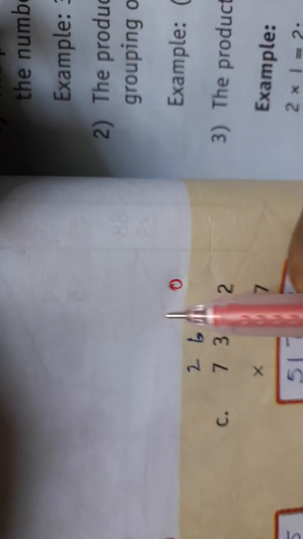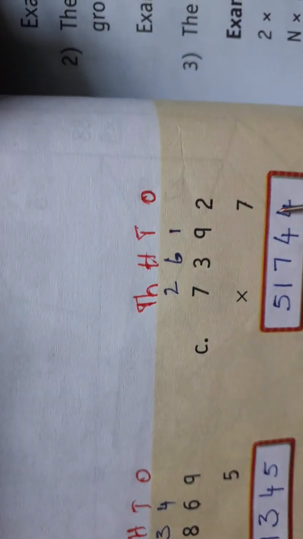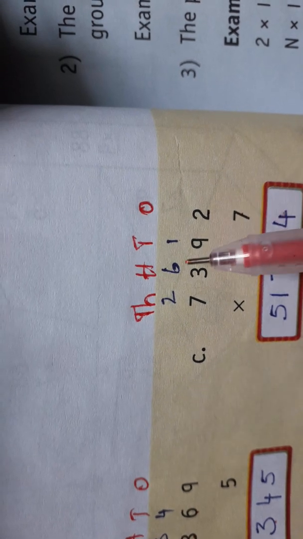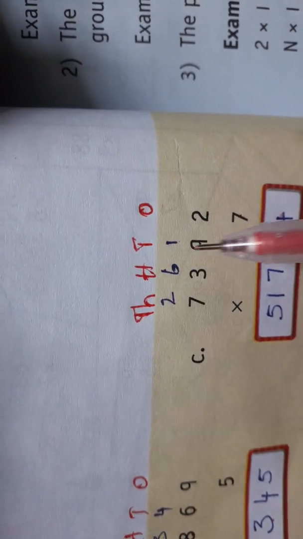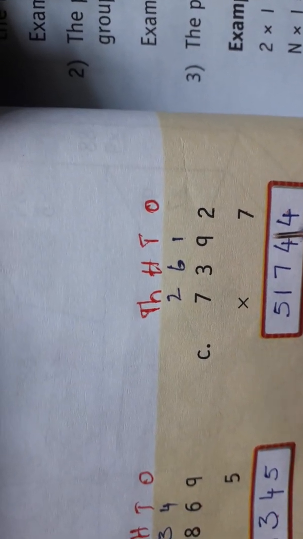Now come to C. Again write ones, tens, hundreds, thousands. So the sum is 7 twos are 14. 7 nines are 63 plus 1, 64. 6 in the hundreds place and 4 in the answer.